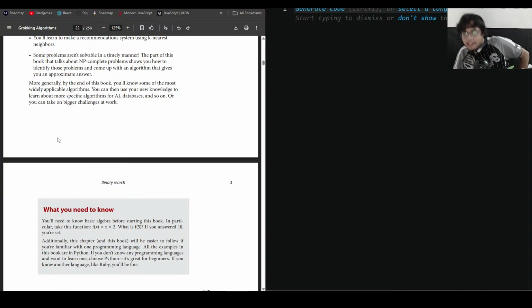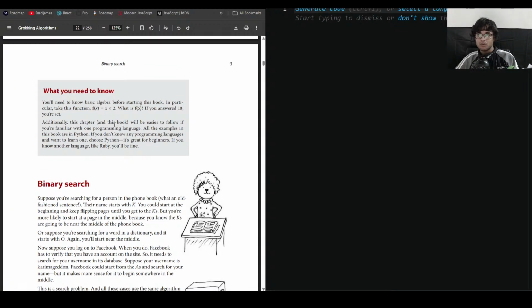Most generally, by the end of this book, you'll know some of the most widely applicable algorithms. You can then use your new knowledge to learn about more specific algorithms for AI, databases and so on. Or you can take on bigger challenges at work.